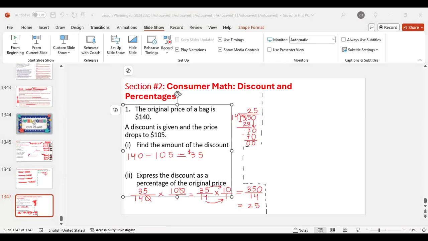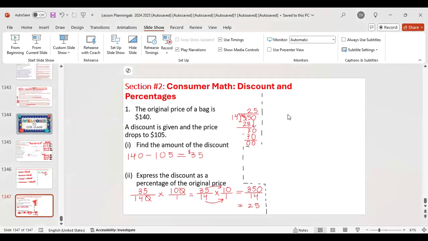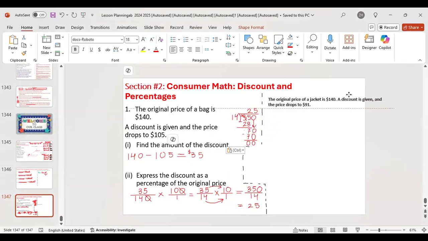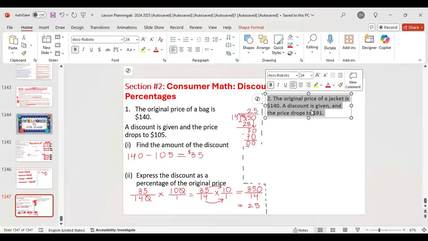Okay, so this time, let's say that you're trying to sell a jacket. This is number 2. Write this down in your books. The original price of a jacket is $140.